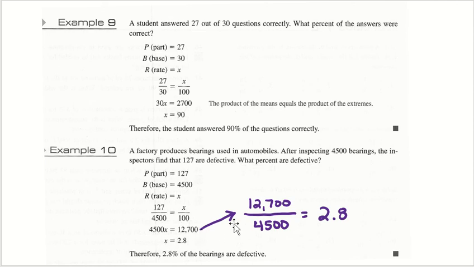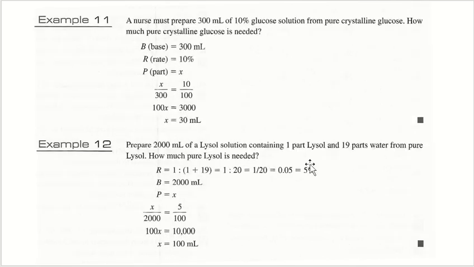When you do the math of the means and extremes, the result is going to be x. And since you used the 100 here, this is going to be directly in percentage, 2.8%. Examples 11 and 12.